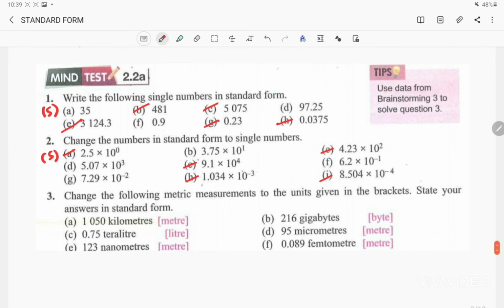And question C, change the following metric measurement to unit given in the bracket. This one you do A, C, D, F. This one 4 questions. So total question you have to do is 14 questions.